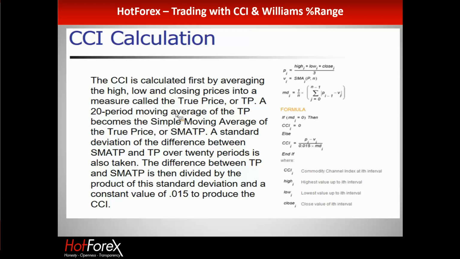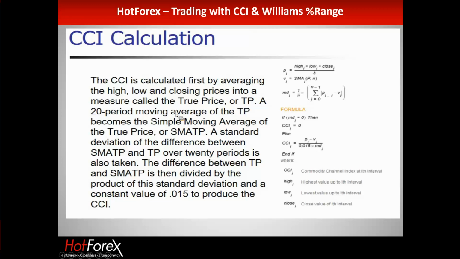So this is the maths behind it, basically, and again, this is straight out of the dictionary and the encyclopedia. It's all about true price, they call it with the CCI, and it uses this 20-period moving average, which I really like. The simple moving average creates this true price.